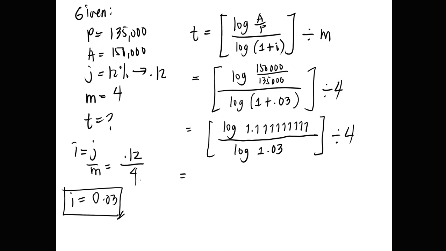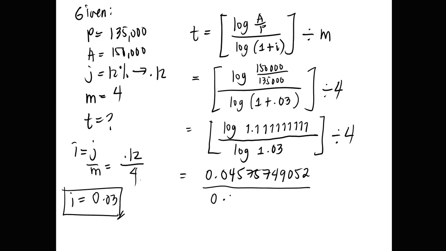So, answer will be 0.0457749052. Okay, so that will be for the numerator. Okay po? And then, denominator, we have log of 1.03. So, answer is 0.0128372247.